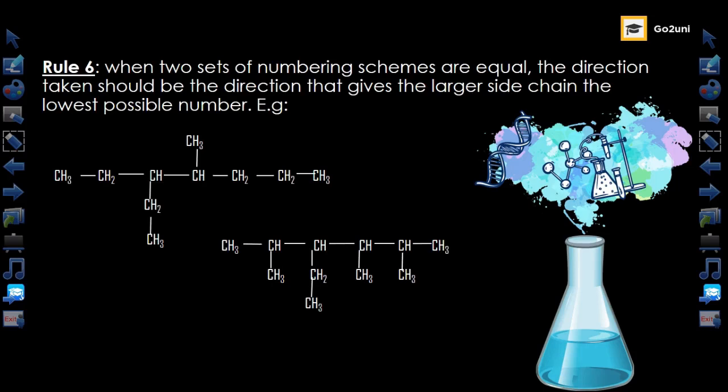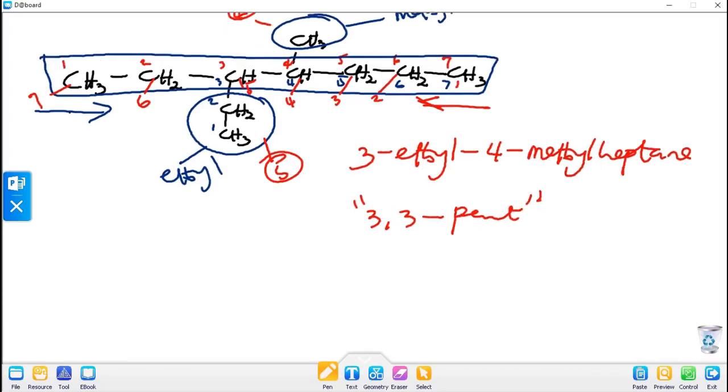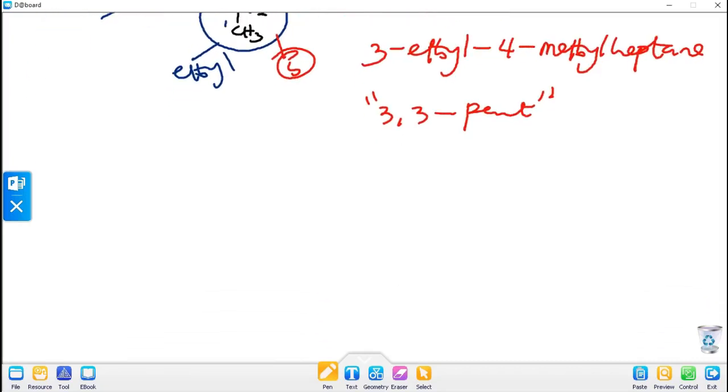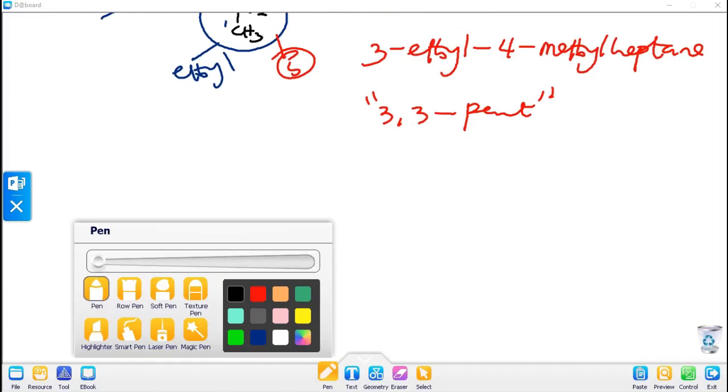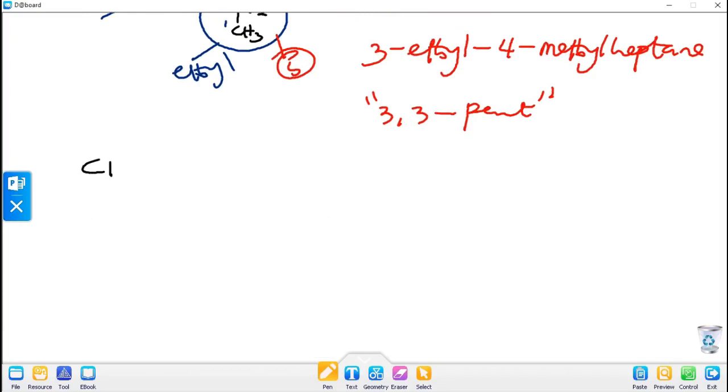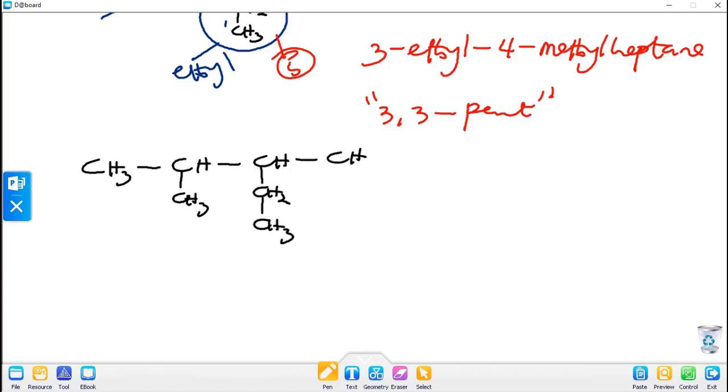So let us take a look at what we have and then proceed. Let us consider the rule. So we still go with our rule. So we have the compound as CH3, CH, CH3, CH, CH2, CH3, CH, CH3, CH3, CH3.